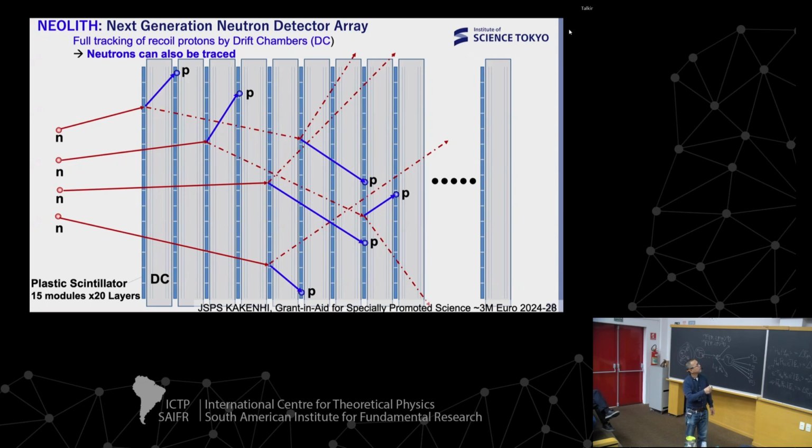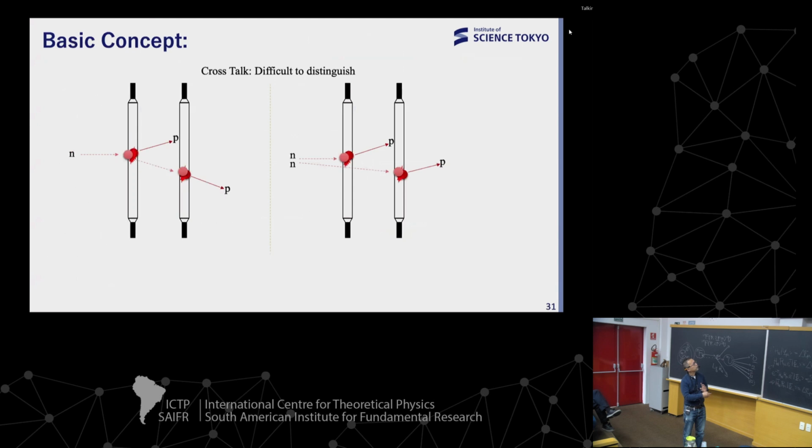We can track protons with maybe 300 microns, 0.3 millimeter resolution. By doing that, we would like to measure multineutrons. I proposed this, and I actually got a grant for 5 years, from 2024 to 2028. So we are now developing this.